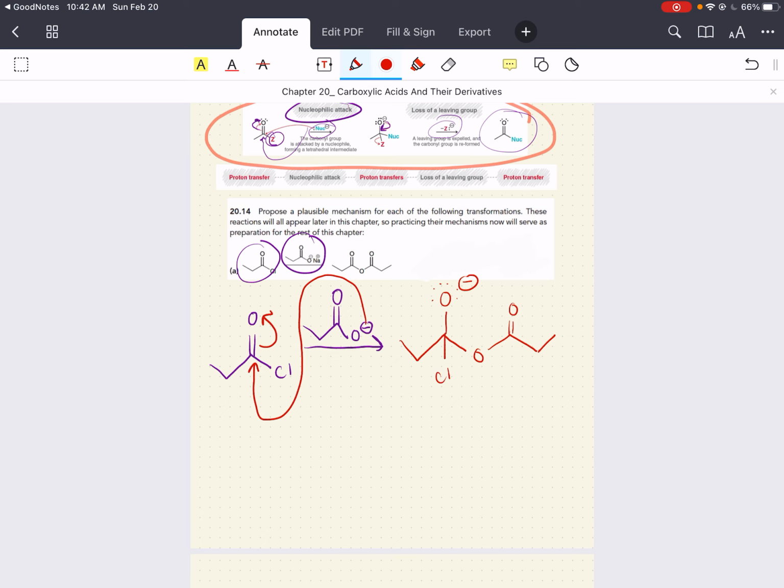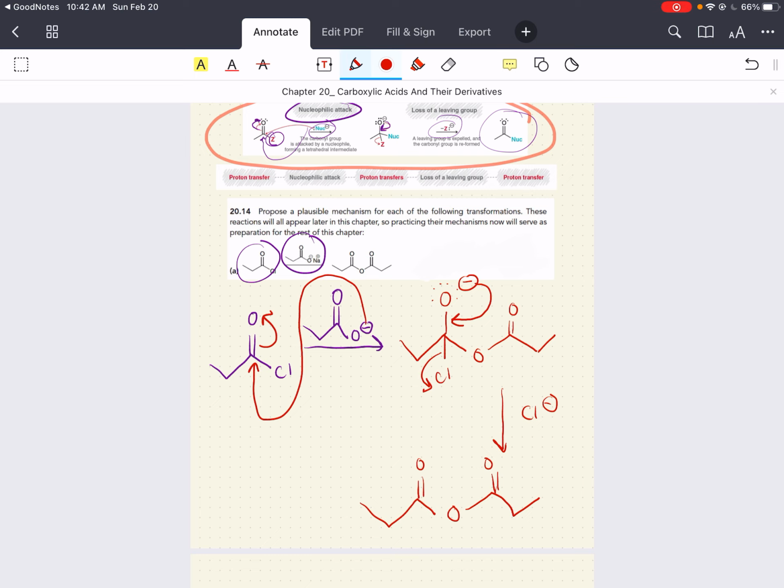What's going to happen now is we're going to take this lone pair and reform the double bond. What's going to leave is the best leaving group, which is this halide group right here. So our chlorine is going to leave, and what we end up with is the product that we wanted to form, this anhydride structure.